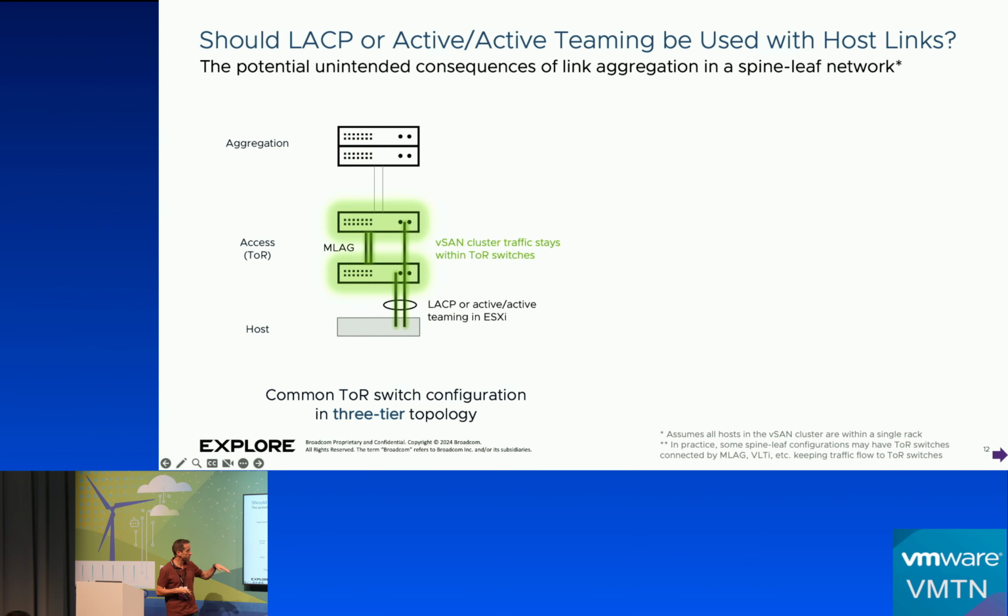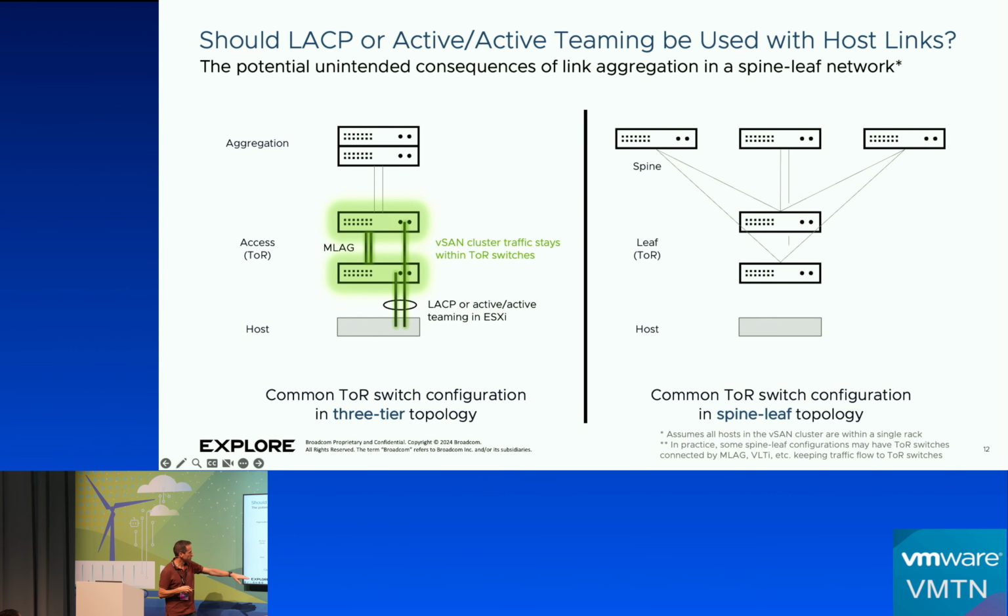Or you're going to have it at another level using a physical bond that is occurring at essentially the host and the switch level, known as LACP. But the implications of an active-active teaming are the same here.